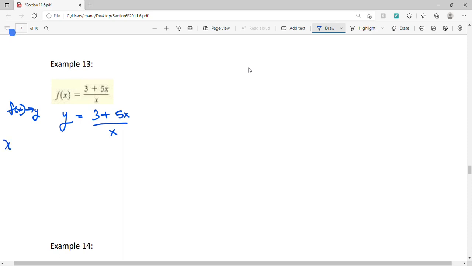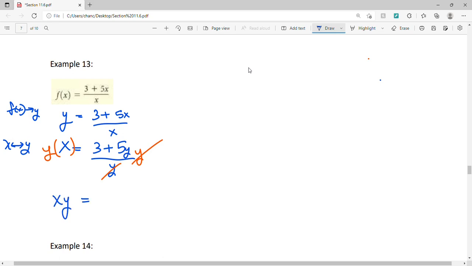And now the next step is to swap the letters. Let's switch them around. x is now equal to 3 plus, well, there's two x's, so we need to replace both of them with the letter y. I want to get rid of fractions. Let's multiply both sides by y to get rid of this fraction, and it does reduce, which means it simplifies to xy equals 3 plus 5y.